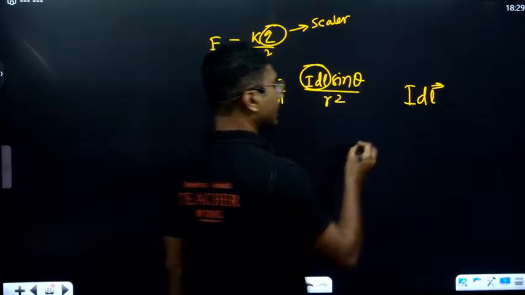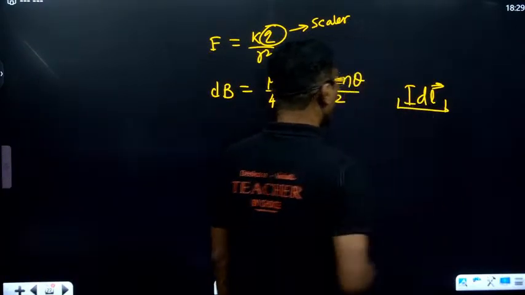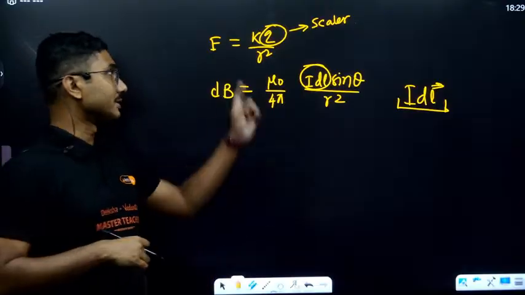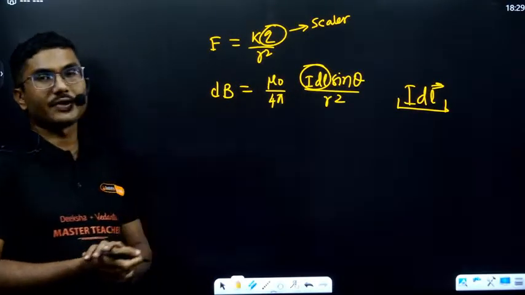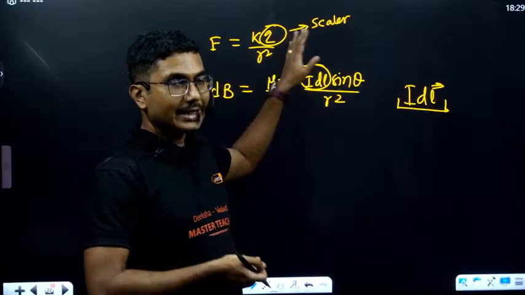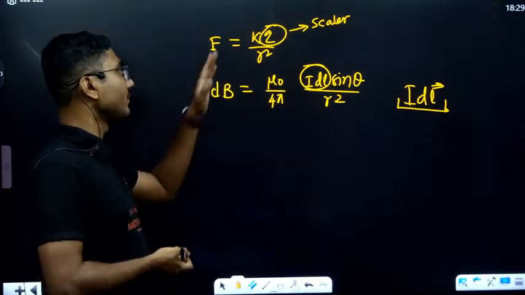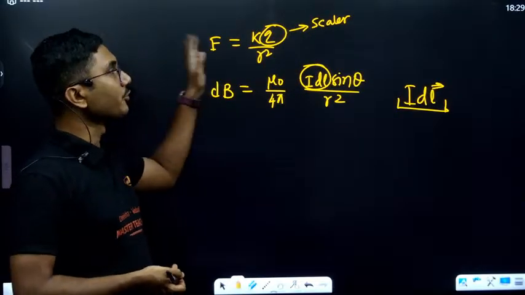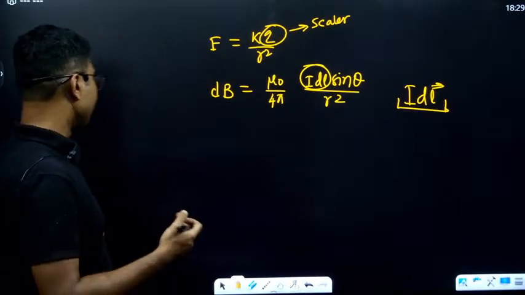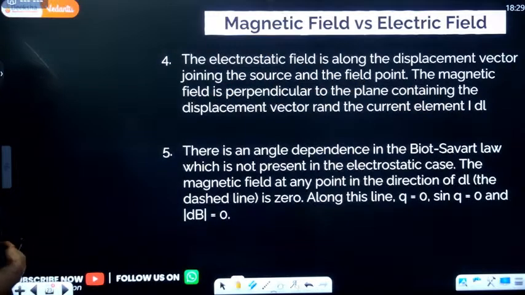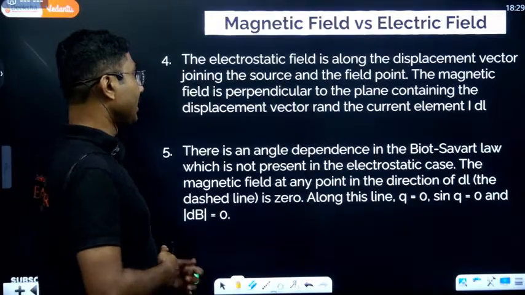This is a vector quantity, and this is the source of the magnetic field. So a scalar quantity produces the electric field, whereas here a vector quantity produces another vector quantity. That is the major difference: electric field is produced by a scalar, magnetic field is produced by a vector. That is a super duper important point to remember.